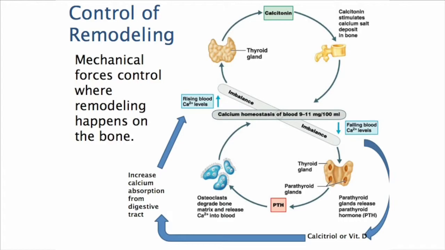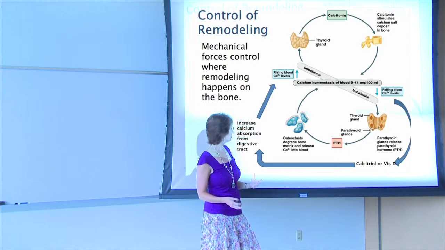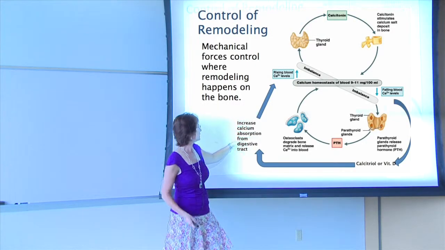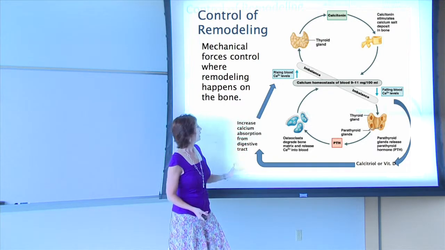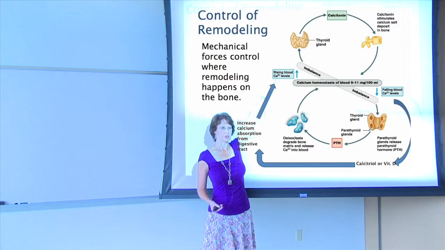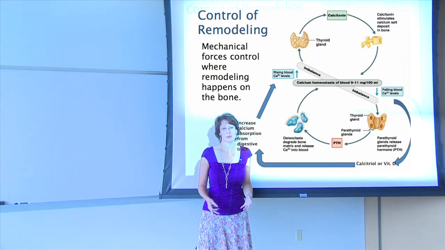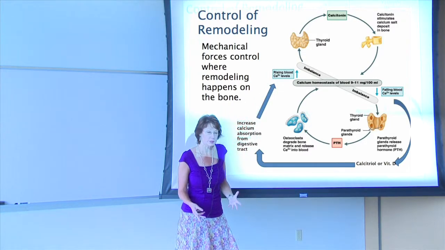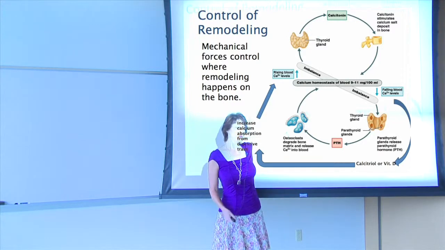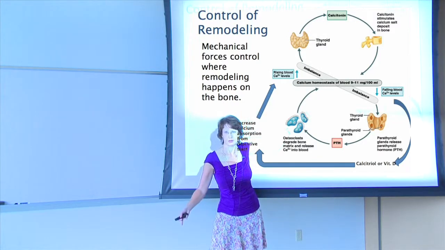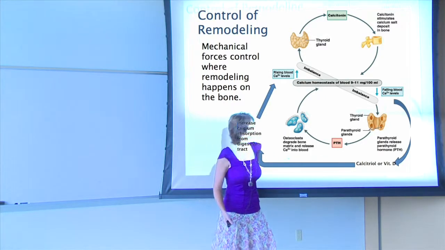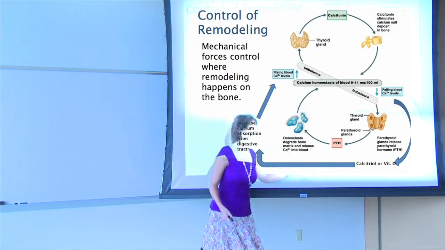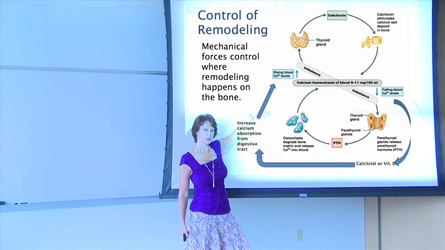This one is important in that when your blood calcium levels are low, it actually increases absorption of calcium from what you eat to allow you to raise your calcium levels. If your blood calcium levels are low, your bones would pretty much run out of calcium pretty fast, and you're in trouble because then your bones are going to fall apart. So the vitamin D will bring more calcium into your body.